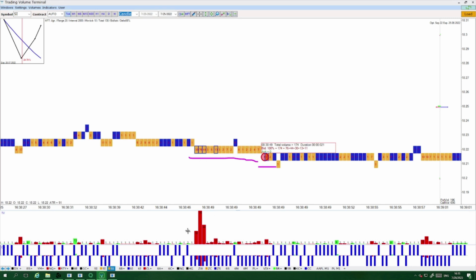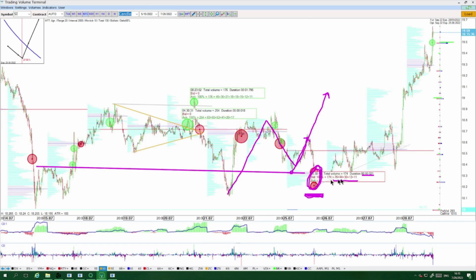So the market maker finished collecting the position, and now the price makes a fast reversal from here. So we see that the price really made the third wave of movement, but the best place to enter was here. So we can make a conclusion. We can use HFT volumes for everyday trading to get the best entry points with a higher risk-reward ratio.